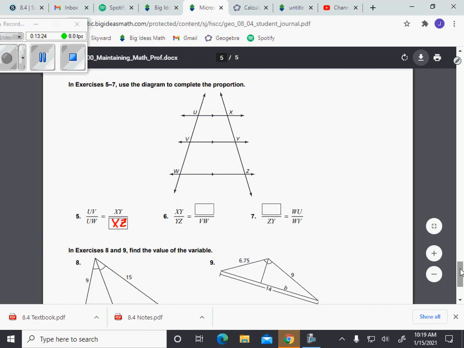Number 6, XY over YZ is equal to blank over VW, it's going to be UV.